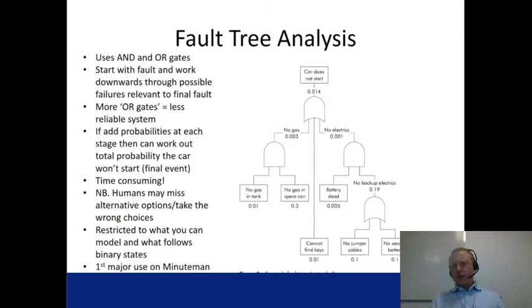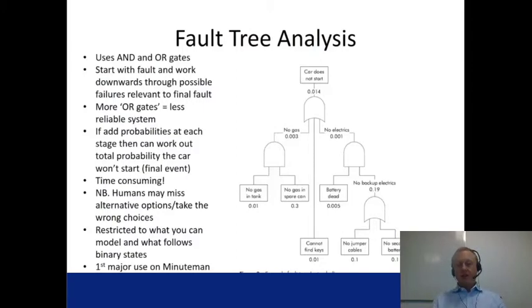Now it's fairly restrictive, because if you think about it, each and every gate is just binary. There's only two different things that can go into it, and it's very time consuming, so it's worthwhile if the severity of the outcome merits this level of analysis.